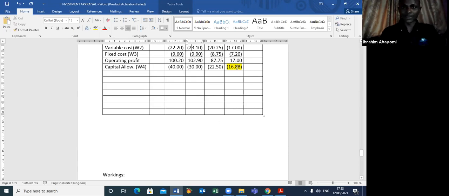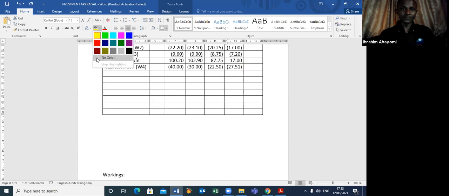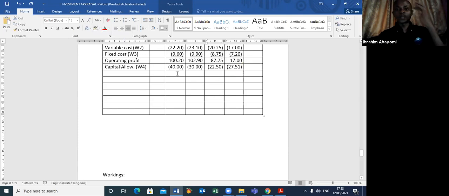That's why I said don't write that one yet, because it's going to affect the last figure. So that is our total capital allowance for year 4.